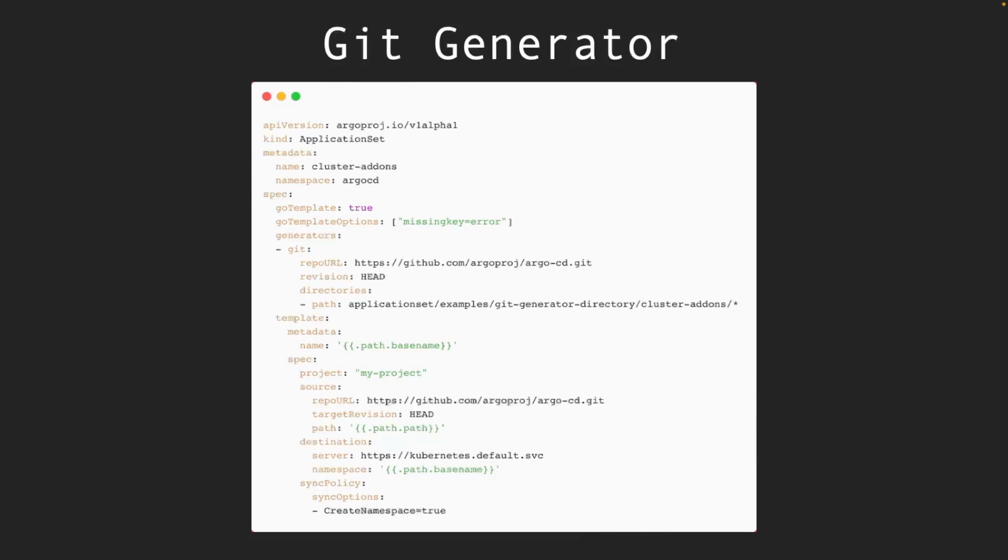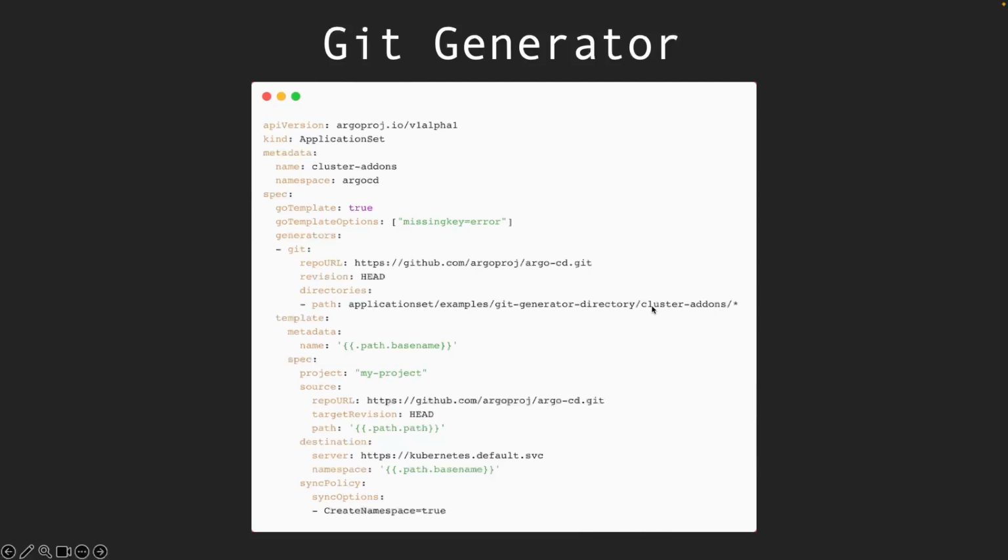Note that we don't describe each application separately, it describes itself based on the folder names using templating. So this way we can create hundreds of folders, and this ApplicationSet will automatically generate 100 applications. So it is very useful. We just scrape path names from the folders in this Git repository, and after this we use these values in our templating.